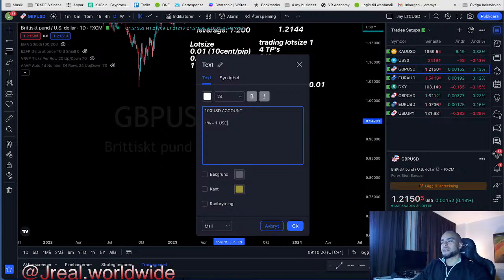So that means in each and every trade, you don't want to risk more in your stop loss than 1 US dollar when you're trading a 100 US dollar account. How do you calculate that? How do you understand if you're risking 1 US dollar, or if you're risking more than that?